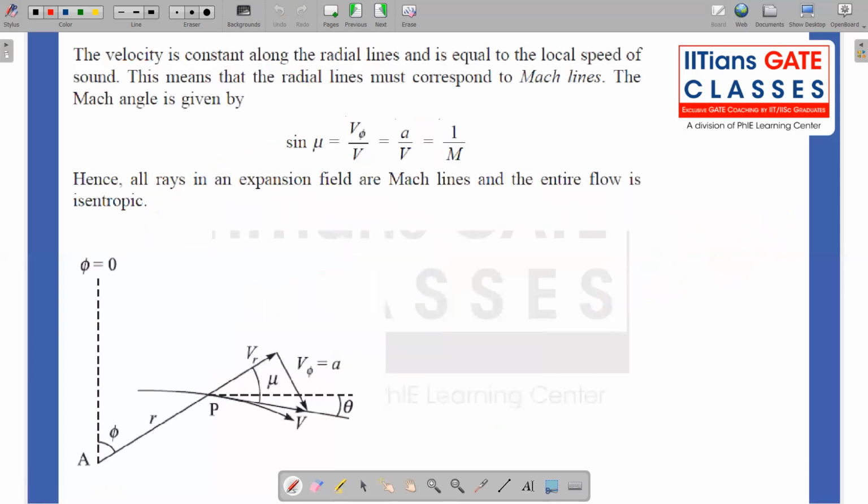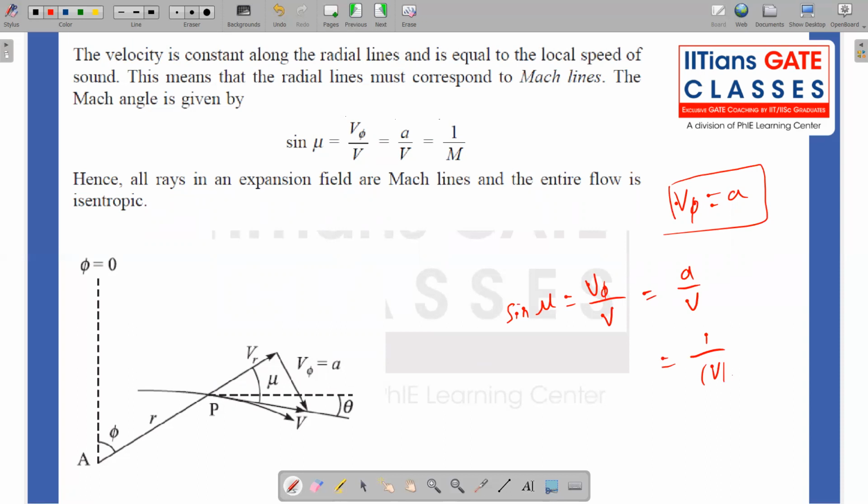Okay. So now the moment when I have V5, which is equal to A, the speed of sound. If I go back to my geometry again, we define this angle mu as sine mu is V5 divided by local velocity V. So that means sine mu is V5 divided by V, which is equal to A divided by V, which is equal to 1 divided by V by A. So what is this?